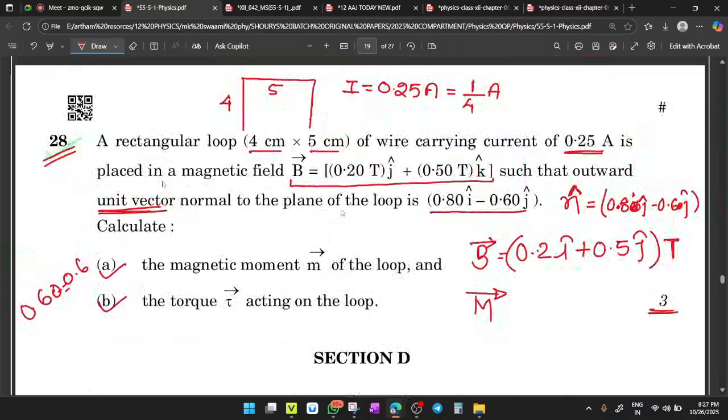As we know, there is a single layer loop, so for the magnetic moment, m vector equals n number of turns times I times the a vector. The direction of magnetic moment is along the vector area. So m equals nIA, and as there is only one loop, it becomes m equals IA.